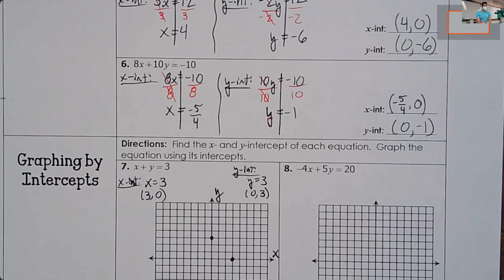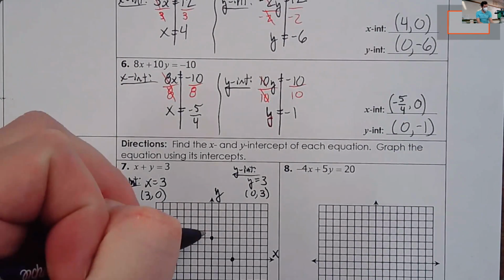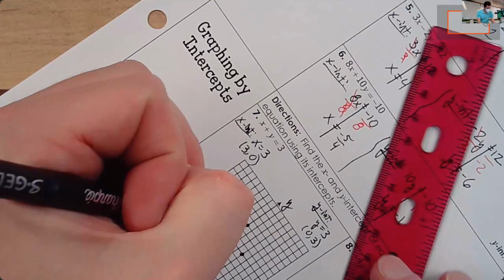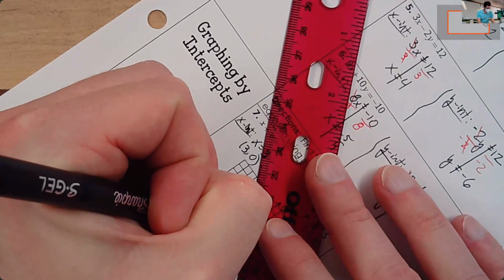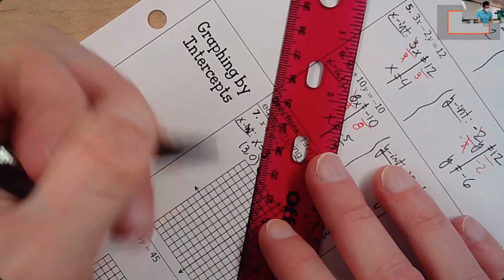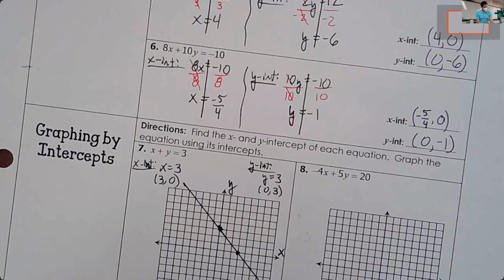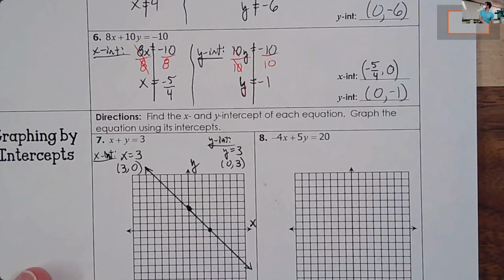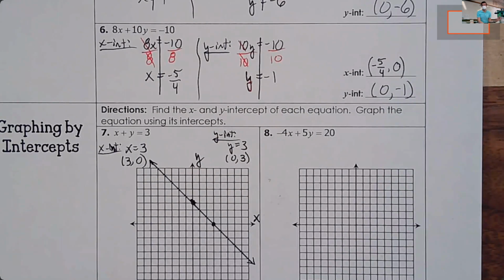We've got 2 points on the graph. 2 points is enough to make a line. If you want to, you can put more points on here. You don't have to, but this is what the rulers are for today, these last 4 problems. Get everything lined up, draw your line through it, arrows at each end, just like we did yesterday. So instead of graphing using slope and y-intercept, we are graphing using x-intercept and y-intercept.